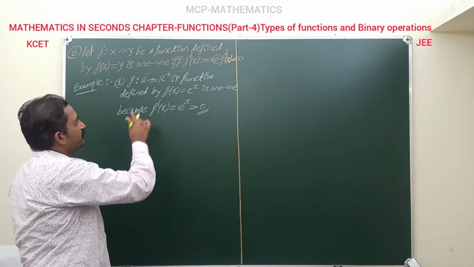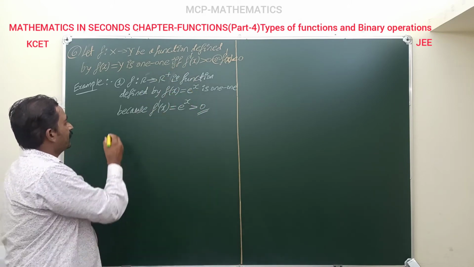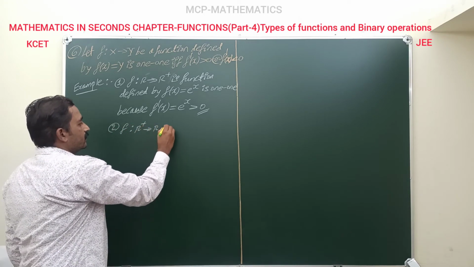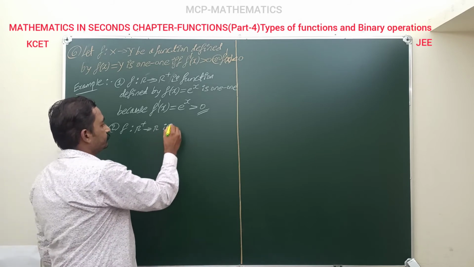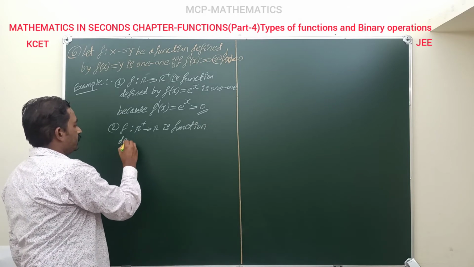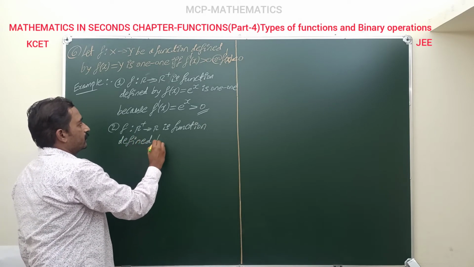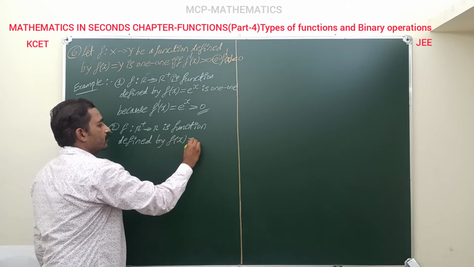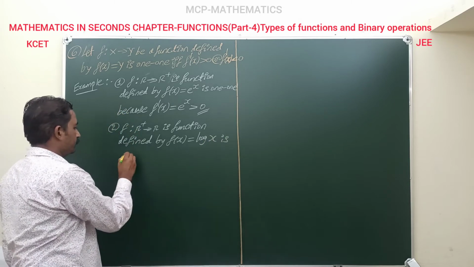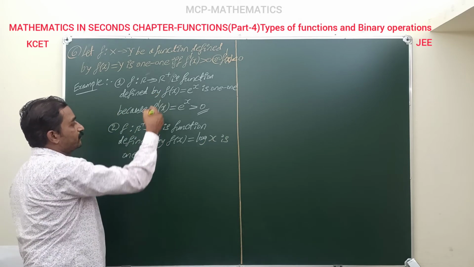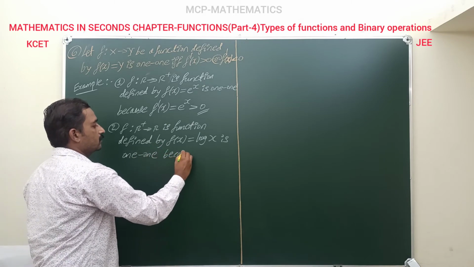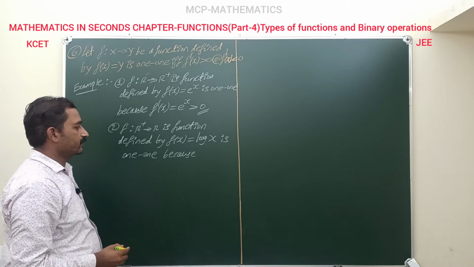So hence we can use this condition, this is one-one. Similarly, f from R positive to R is a function defined by f(x) = log x, which is also one-one using the same condition, because we differentiate using the differentiation rule.